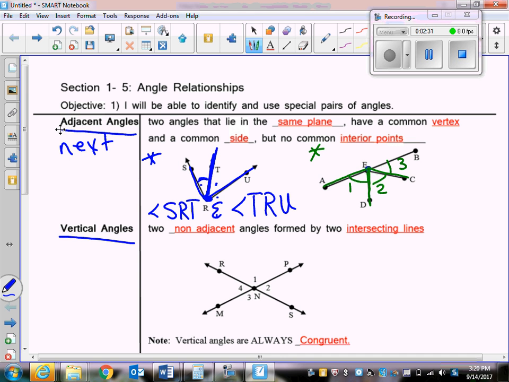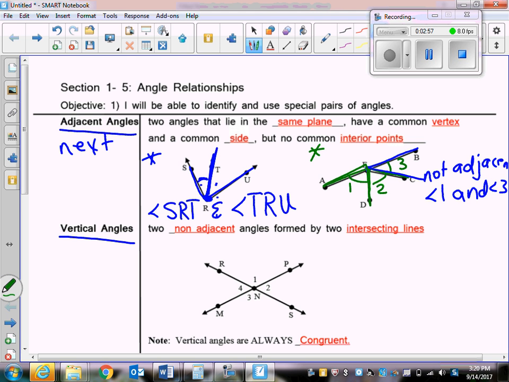Non-adjacent angles in this case would be angle 1 and angle 3. They are not adjacent because they don't have a common side between them: angle 3 is being created by this angle and angle 1 is being created by this one.